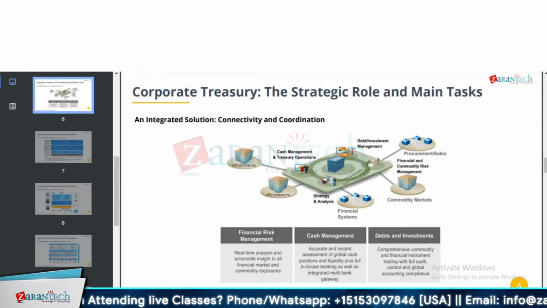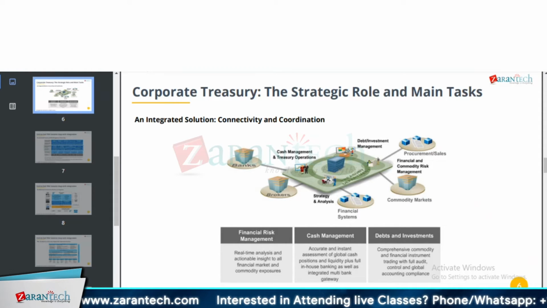Coming to the integrated solution, there are multiple organizations or parties involved in a particular treasury process. These include banks, which are our counterparties, brokers, financial systems, the commodity markets that control the interest rates and exchange rates, and procurement and sales.